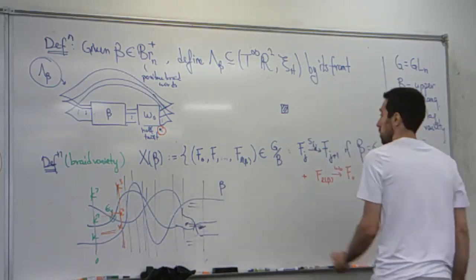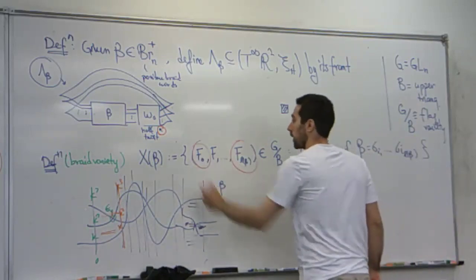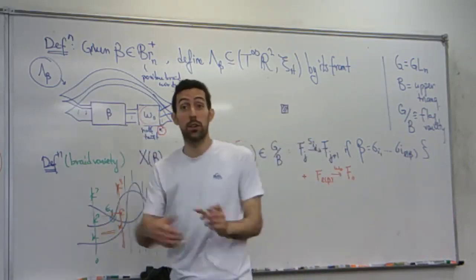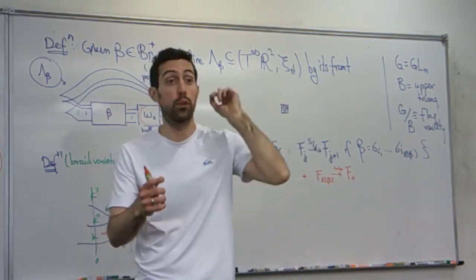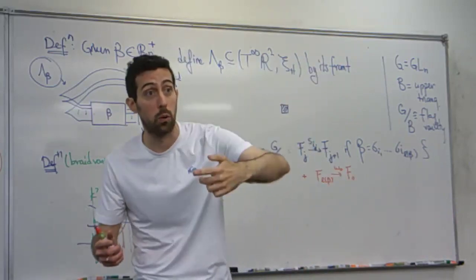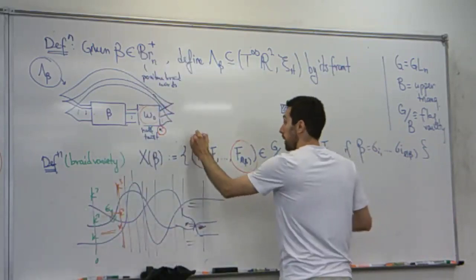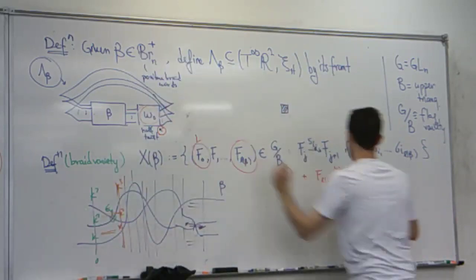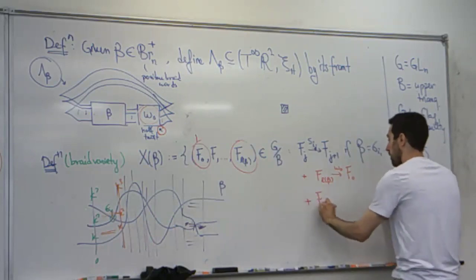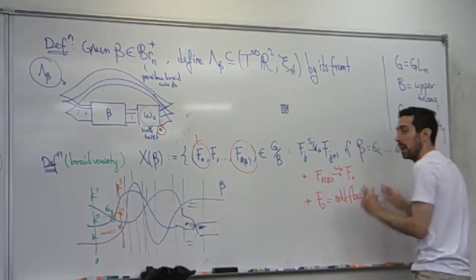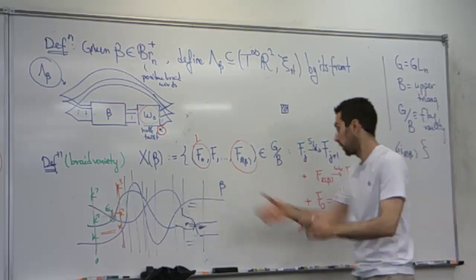Now, because the first flag and the last flag are fully transverse, I can do exactly like in the first example. What did I need in the first example? I put the first one to be 1, 0 and the second one to be 0, 1. So similarly, I can use the GLN action to make F0 be the standard flag, the one generated by E1, then E1, E2, then E1, E2, E3.